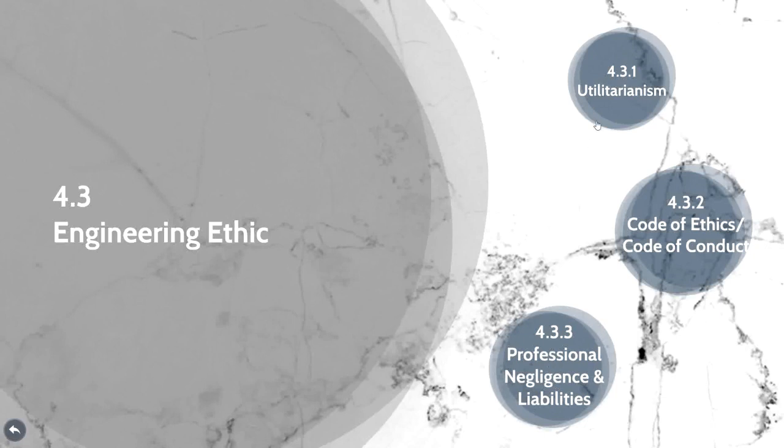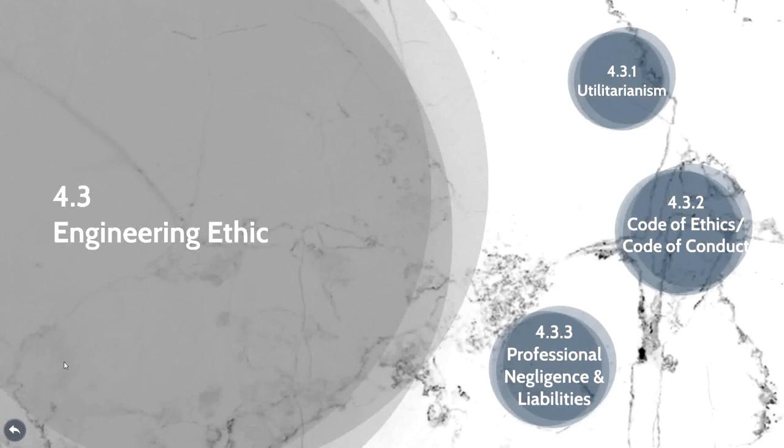So, 4.3.1 will explain the type of actions that should be taken by an engineer. Other than that, 4.3.2, Code of Ethics or Code of Conduct, explains the most followed characteristics of all professional engineers in executing their professional fields of practice. And lastly, 4.3.3 will explain the definitions of negligence and also liabilities.